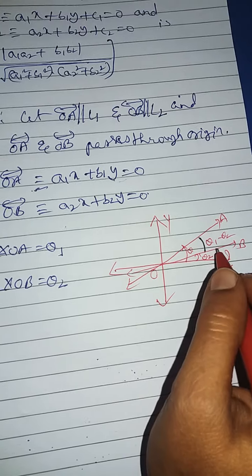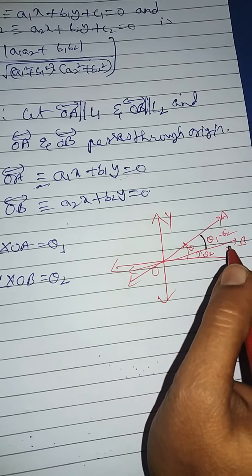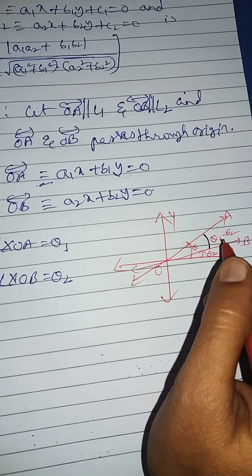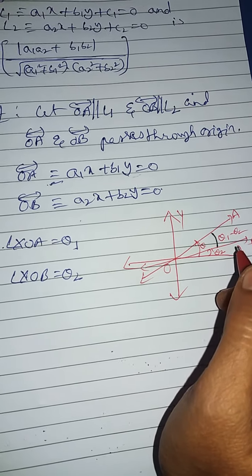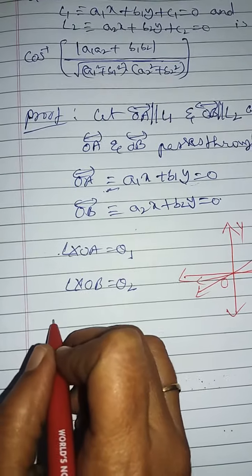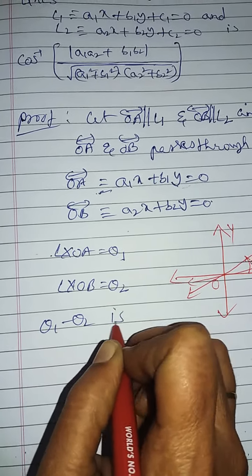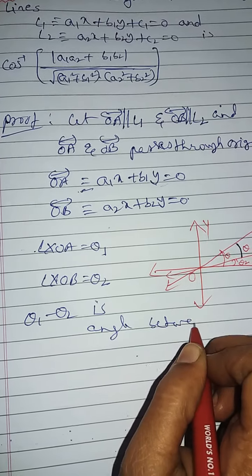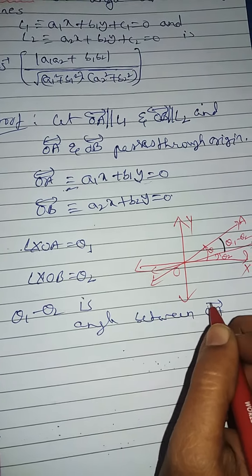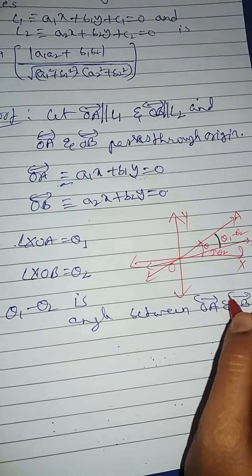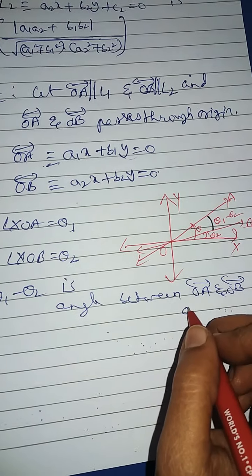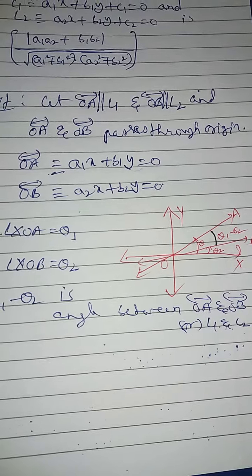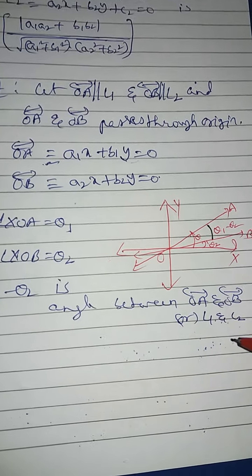Theta 1 minus theta 2 is the angle between OA line and OB line, or simply we can say the angle between L1 and L2. Are you following here? Because these two lines are parallel to each other, the angle between these two lines is equal.